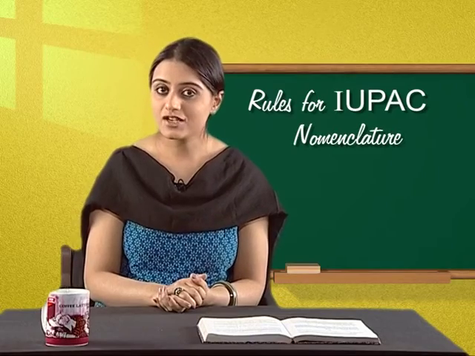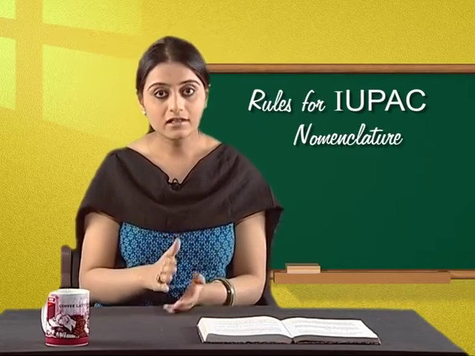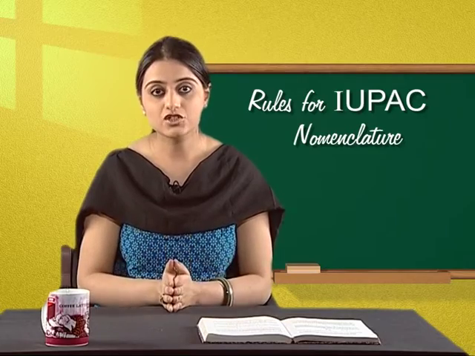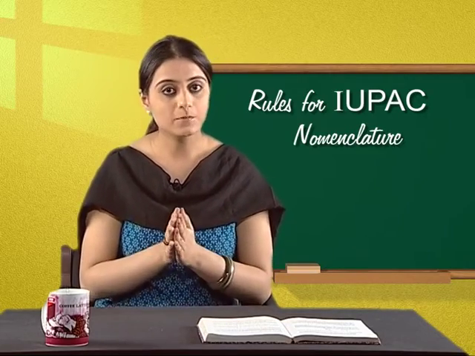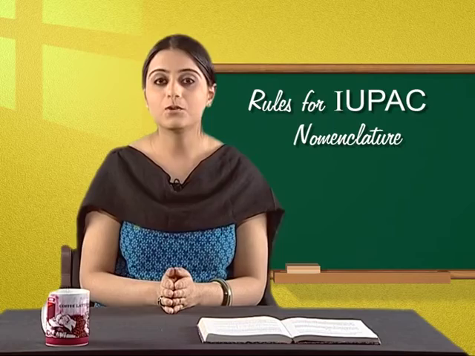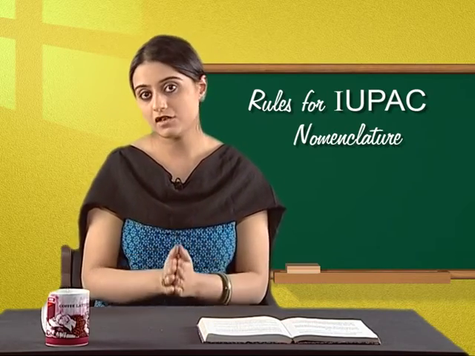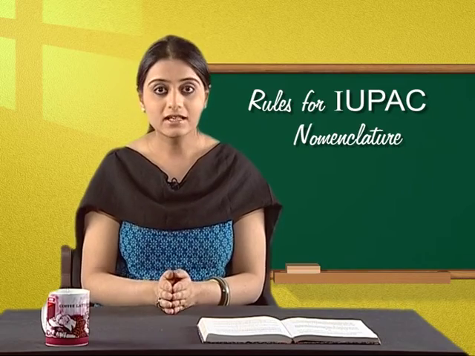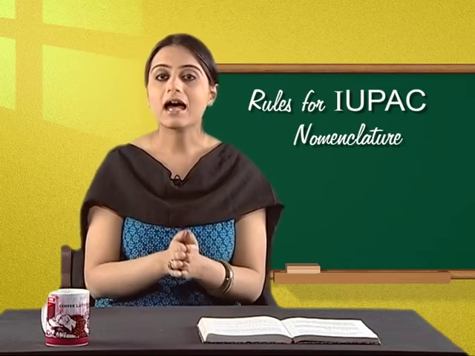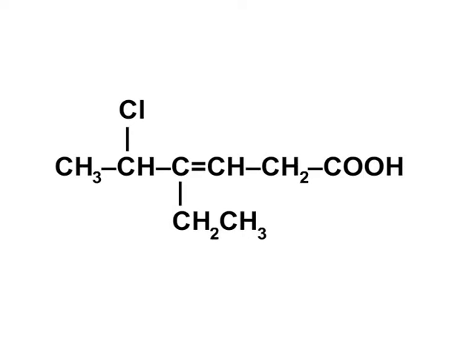If the primary suffix is "ene" or "yne", the number representing the position of double or triple bond is written before the word root, while the number indicating the position of principal functional group is written in between primary and secondary suffixes.